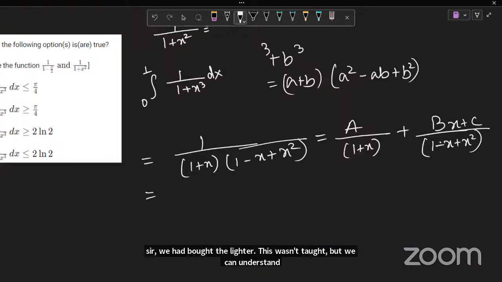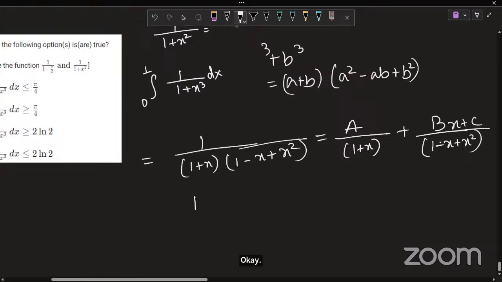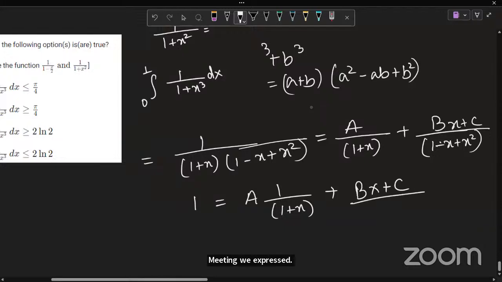So yeah, we were equating this one to equal to 0. Okay, so it will be what? 1. So what will be the value we will get? 1 is equal to a upon 1 plus x, plus bx plus c upon 1 minus x plus x squared, right?